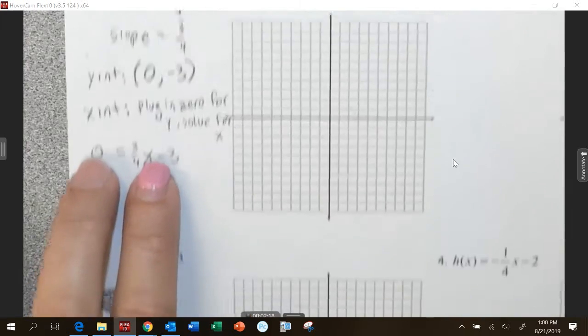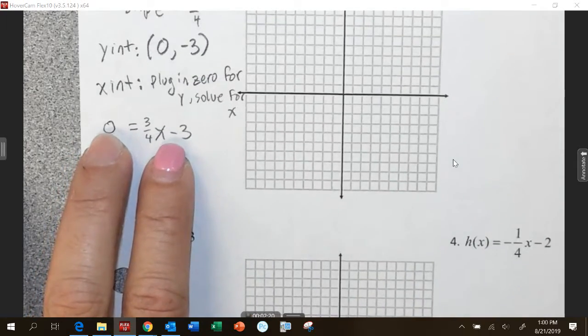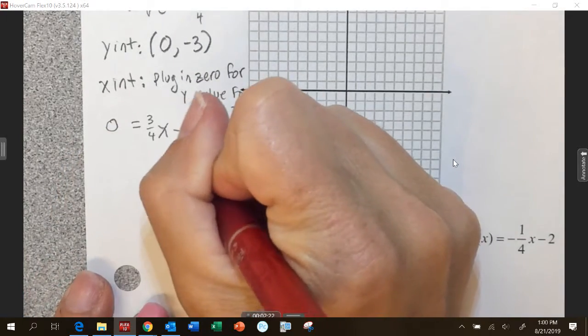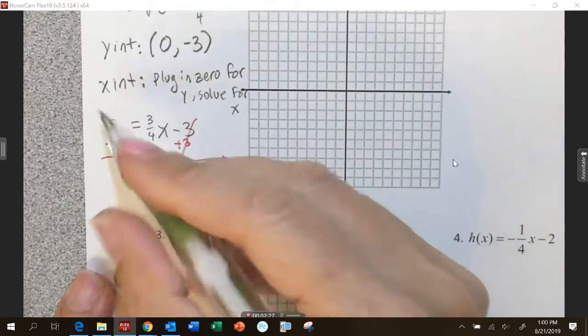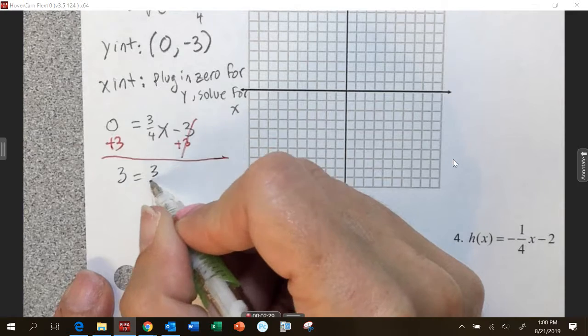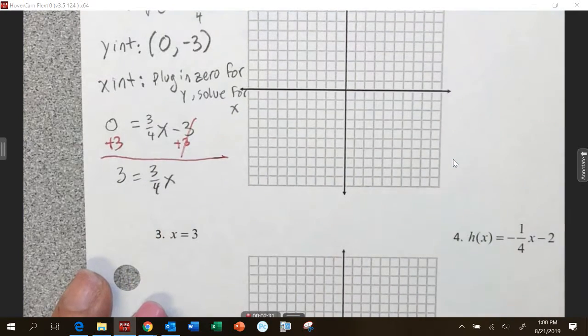What am I going to do to both sides of the equation? Add 3. So we have 3 equals 3/4 x. Oh gosh, I do not know how to divide by 3/4.